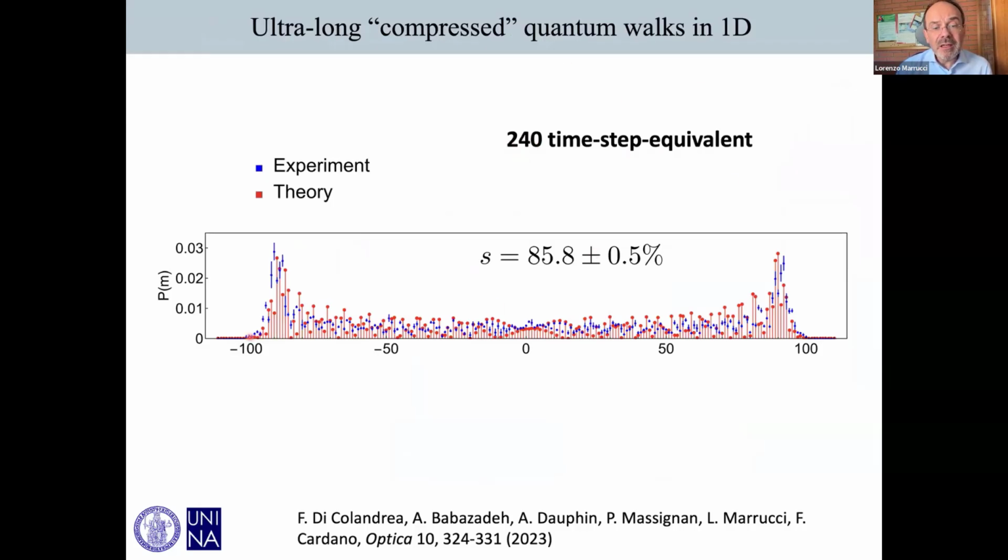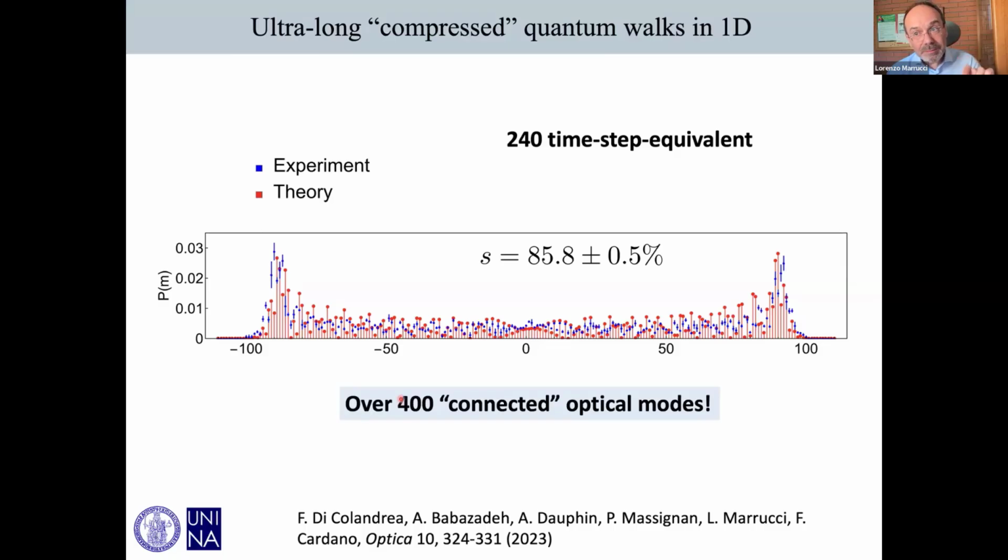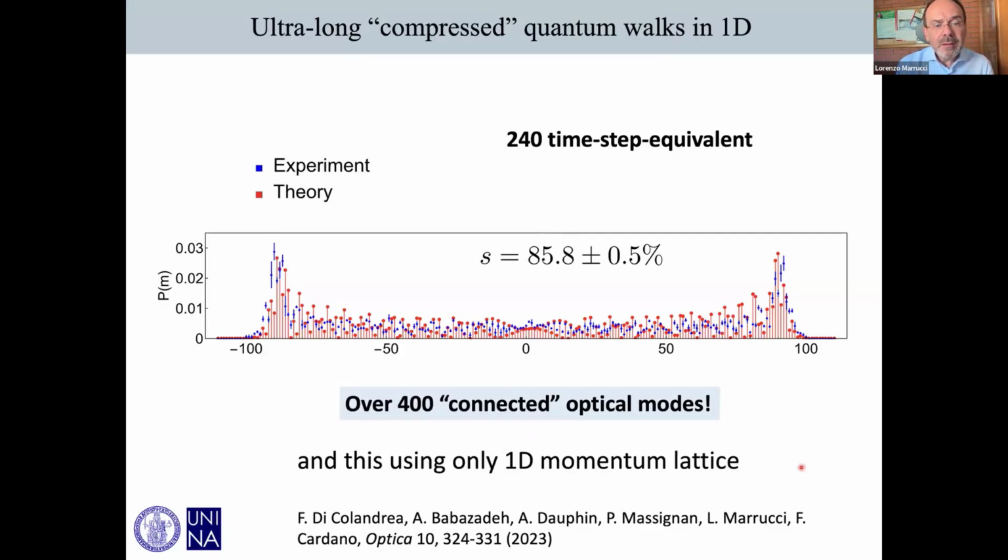So you can see that many optical modes are addressed somehow. In principle, you are connecting one input mode with over 400 possible output optical modes. And the fidelity was around 85%, not extremely large, but already quite good.